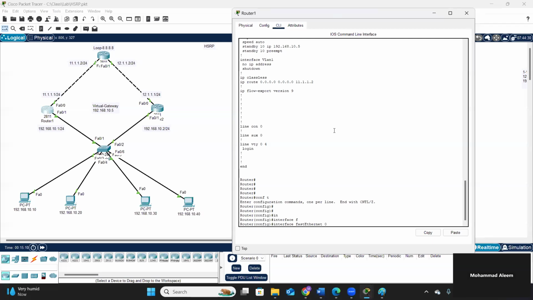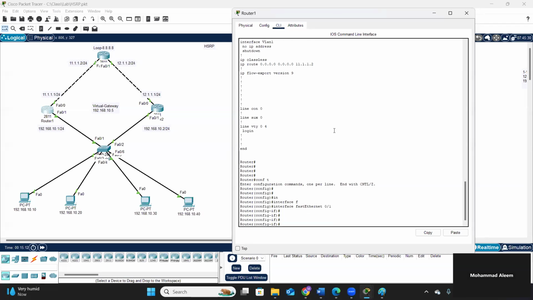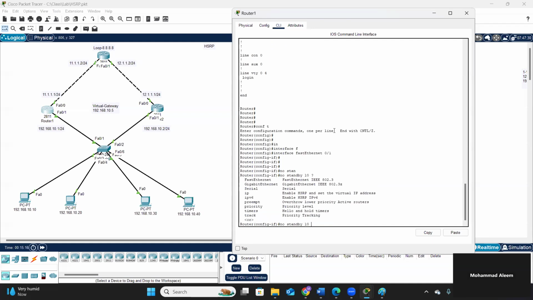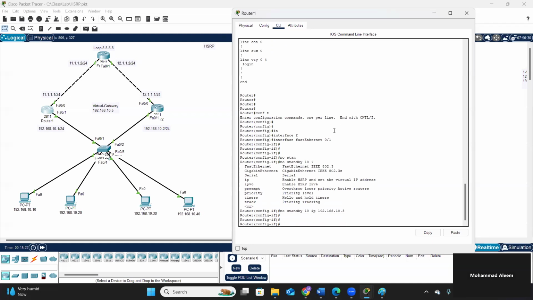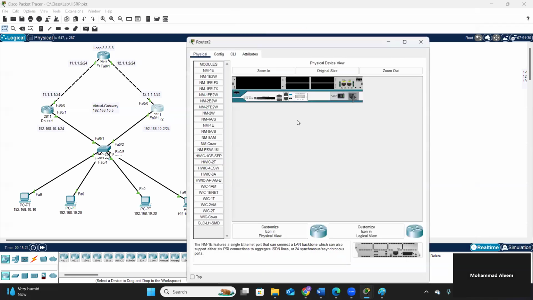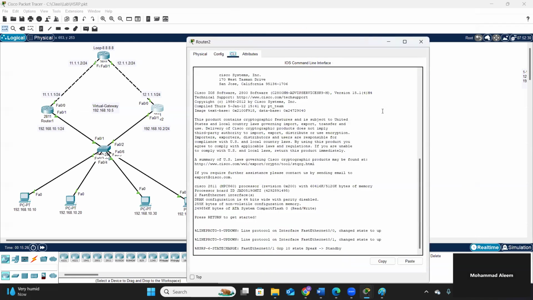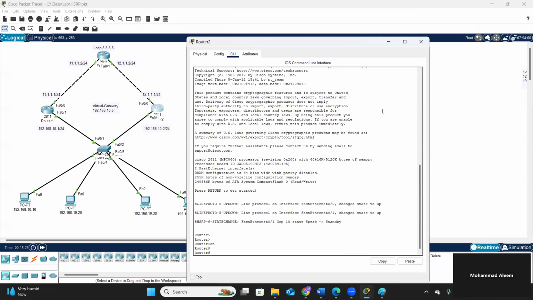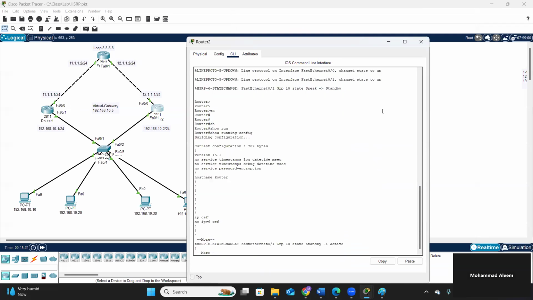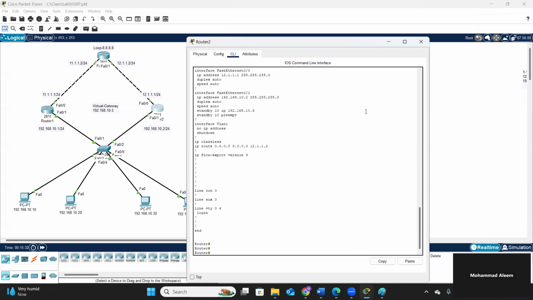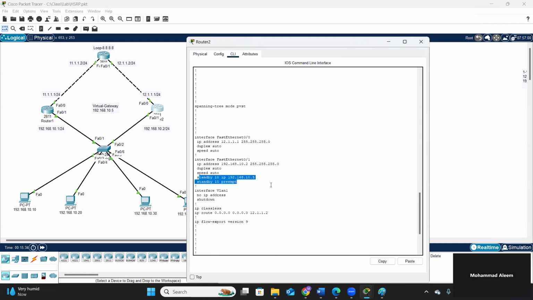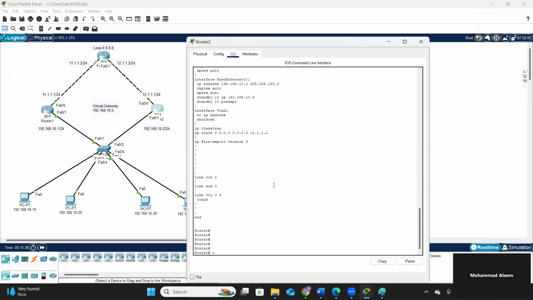Later on we'll discuss step by step. No standby one IP, 192.168.10.5. I'm just removing yesterday's configuration. Here also the same.